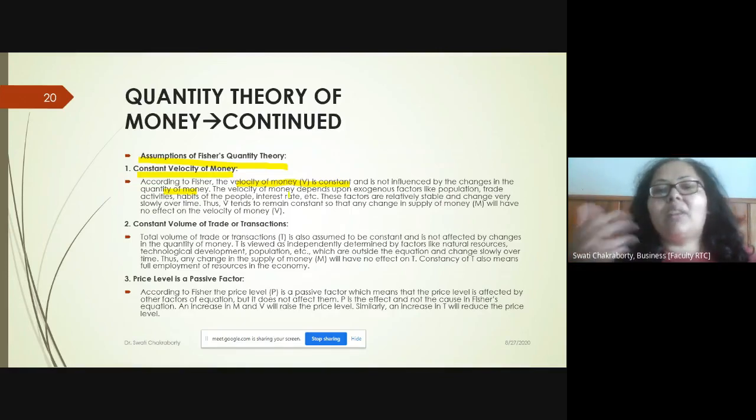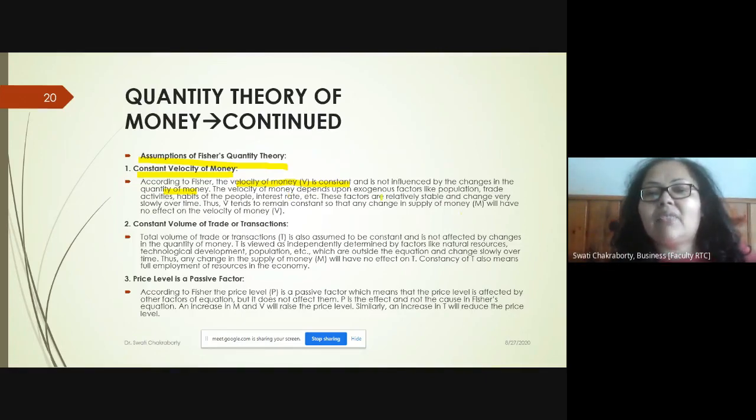More people and more trade activities mean higher velocity of money. These factors are more or less stable and change very slowly over a period of time. So V tends to remain constant, and any change in the money supply will not have an effect on the velocity of money.